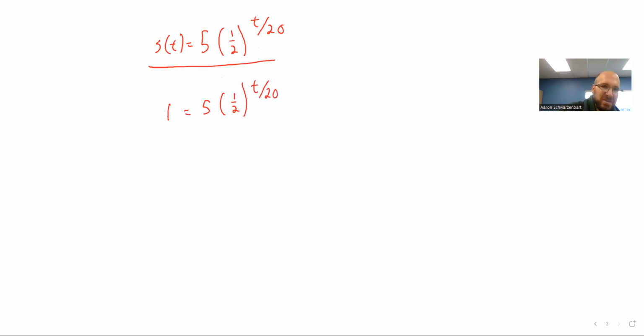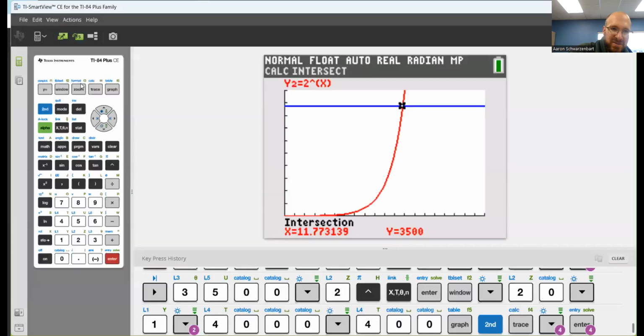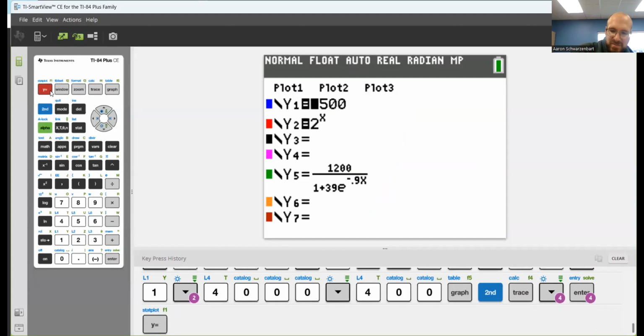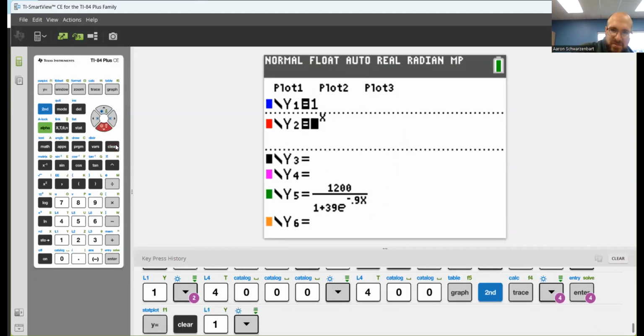Again, to solve, I'm going to go with the graphing calculator. I think this will be in the, no, be in the 50s, probably. Less than 3 half-lives, but I'm going to use 0.5 because it's calculator.